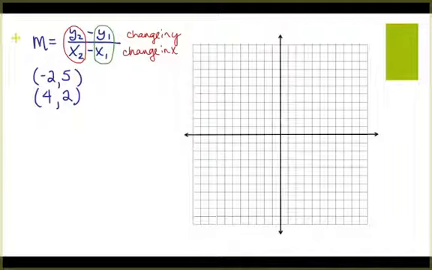So remember, this is just going to be one of our points. It doesn't matter which one it is. There's nothing magic about the sub 1 and sub 2. It's just helping you keep them straight. So the red guys have to go together, and the green guys have to go together. And so our y's are going to go on top.